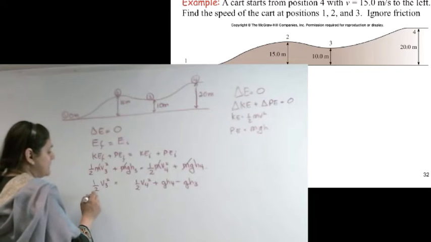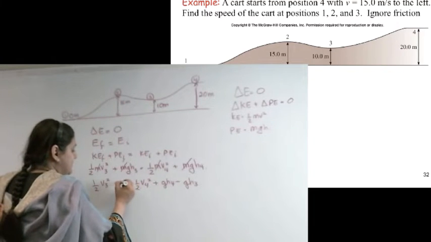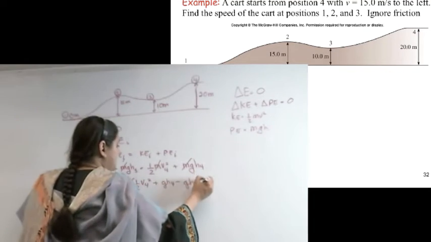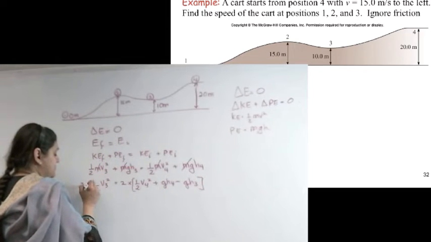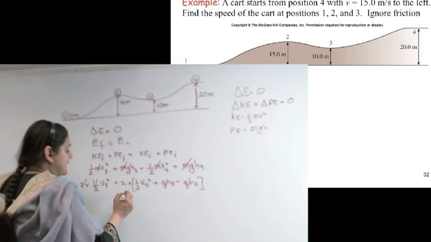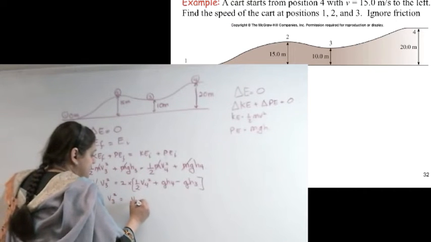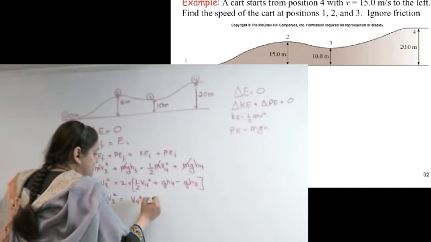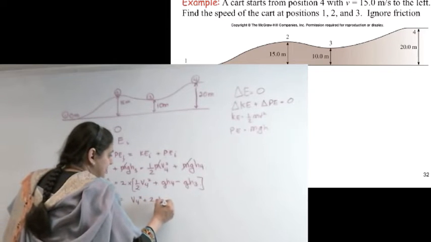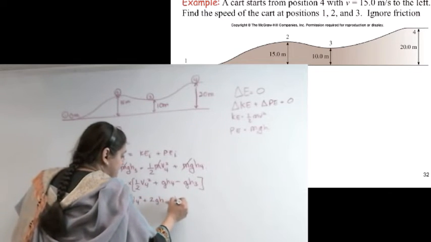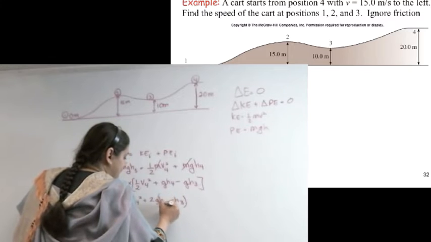And there's a half here, which basically means I can multiply this whole side with 2, and multiply this side with 2, so get rid of this 1/2, and I will have v3 squared equals v4 squared plus 2g(h4 minus h3).